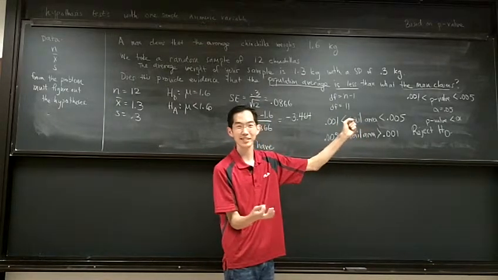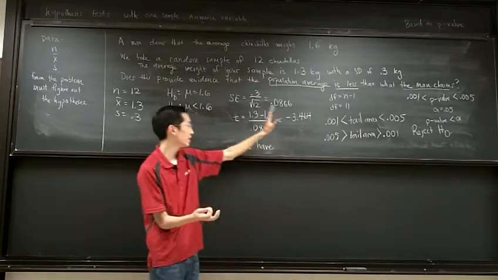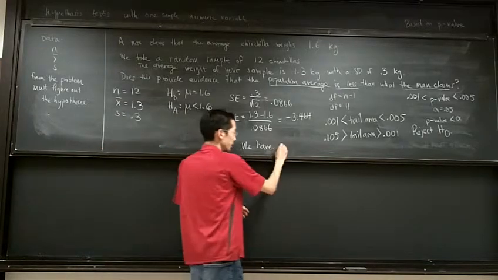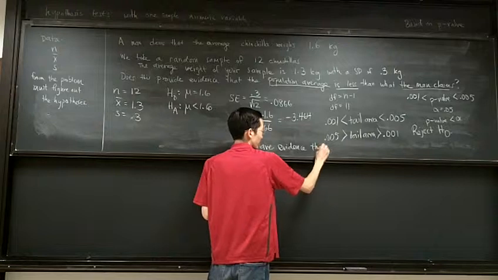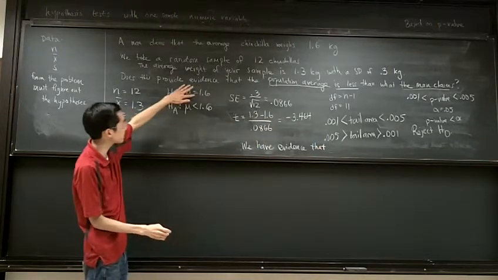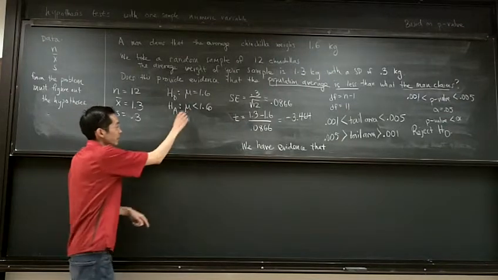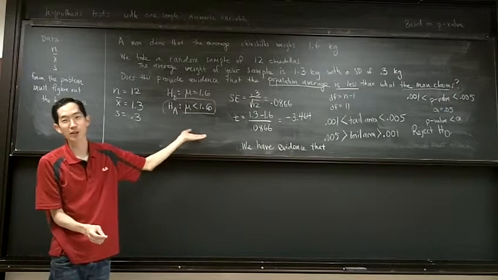Okay, so we reject the null, okay? Is that okay with everyone? Now that we've rejected the null, that means we have evidence that this is false and that this is true. So we want to say we have evidence that this is true. How do we write that in words?